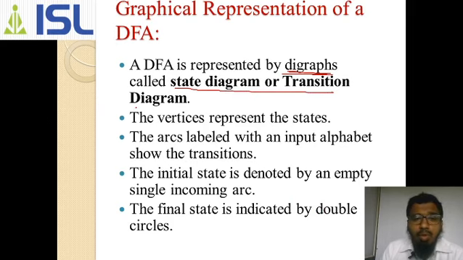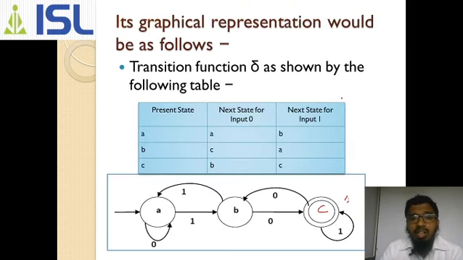There are two names for the digraph representing the DFA: state diagram or transition diagram. Next, the vertices represent the states.